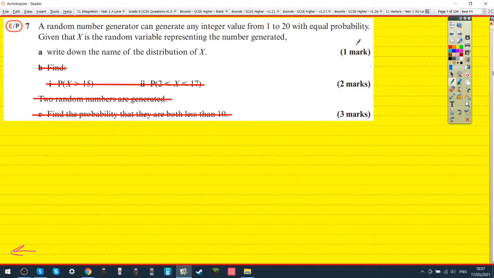Okay, any idea about this one? Just question A. When it says write down the name of the distribution of x, it's the same as what we were doing before. You may not remember it. It has a special name.